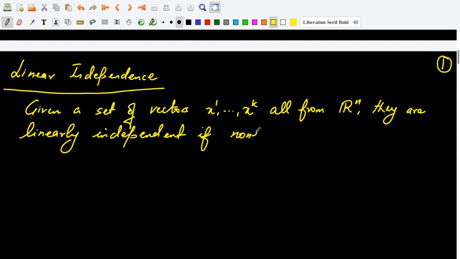If none of them is a linear combination of others.